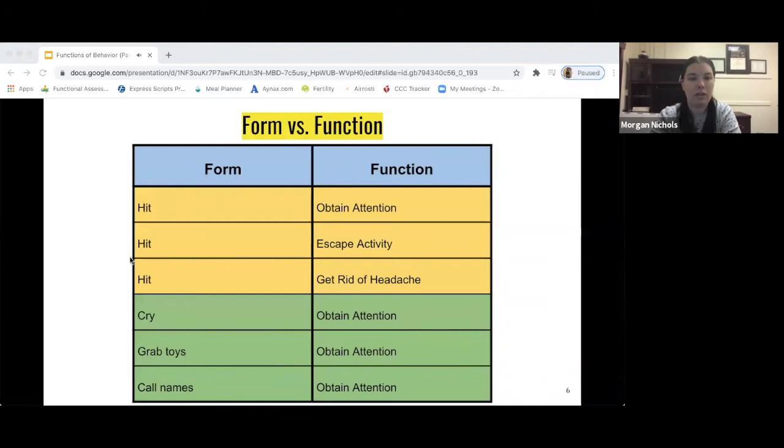All right, so I just want to take a quick note to talk about form versus function. The form of the behavior is what it looks like or what it sounds like. So there could be a behavior such as hitting. And if you have a kid, you can have a kid who will hit to get your attention.